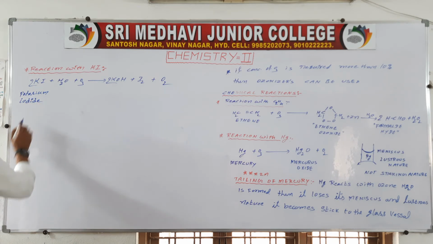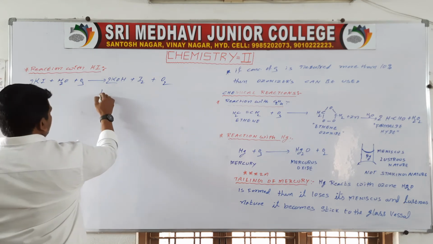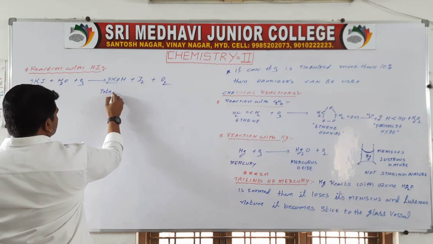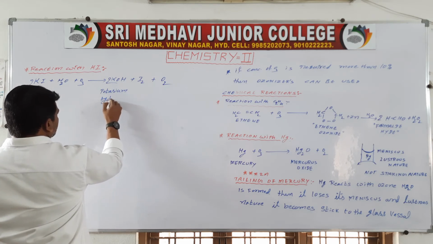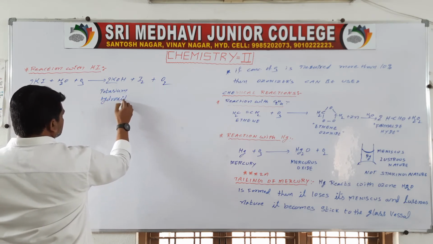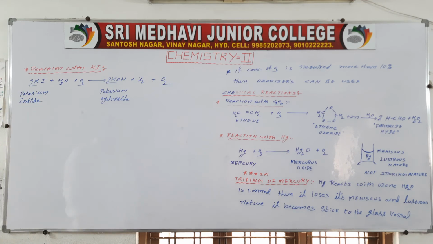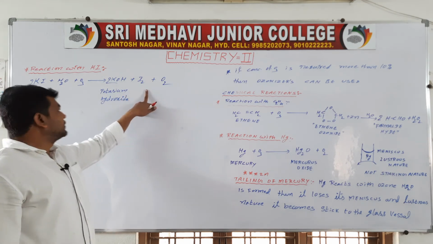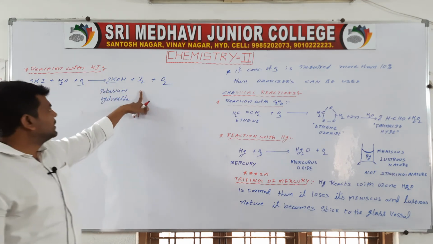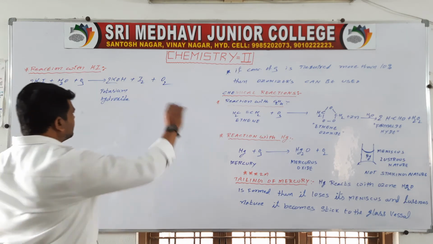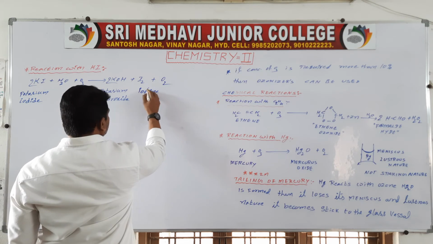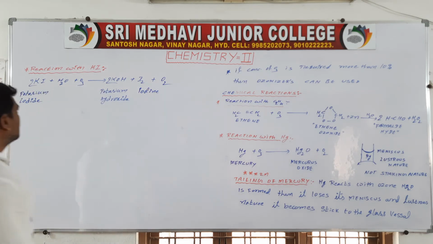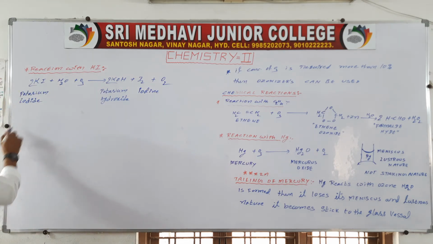It is potassium hydroxide. It is iodine. So KI can form iodine.